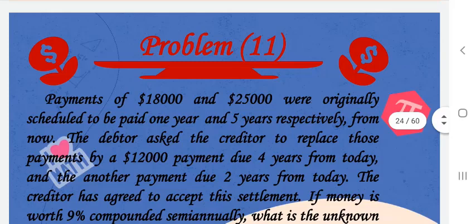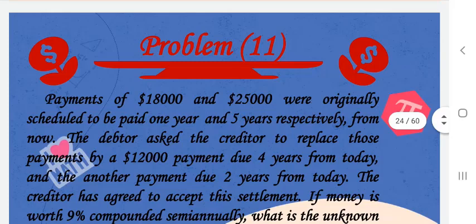The debtor asked the creditor to replace those payments by a $12,000 payment due 4 years from today and another payment due 2 years from now. The creditor has agreed to accept this settlement if money is worth 9% compounded semi-annually. What is the unknown payment?